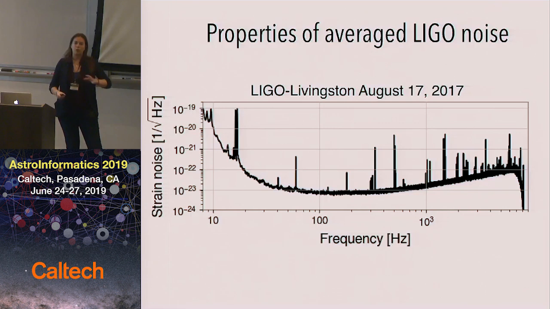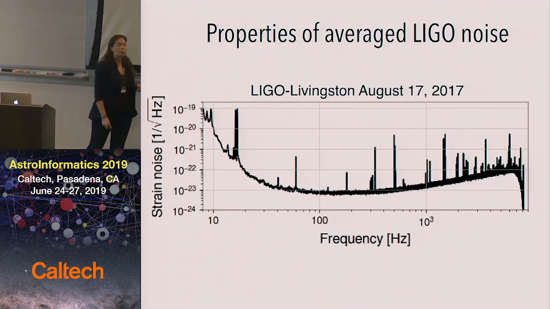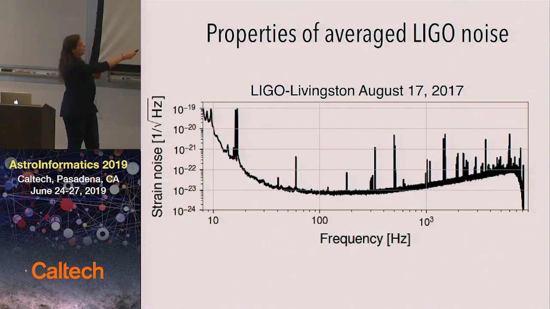And there are 3 fundamental frequency regimes that govern the shape of this noise curve. At lower frequencies, we're most limited by ground motion, so direct mechanical coupling between the motion of the ground and the relative motion of our optics.